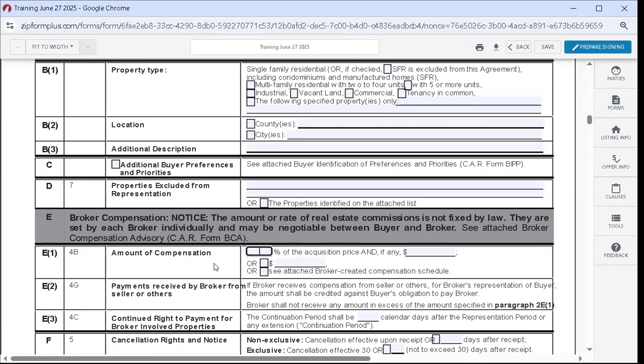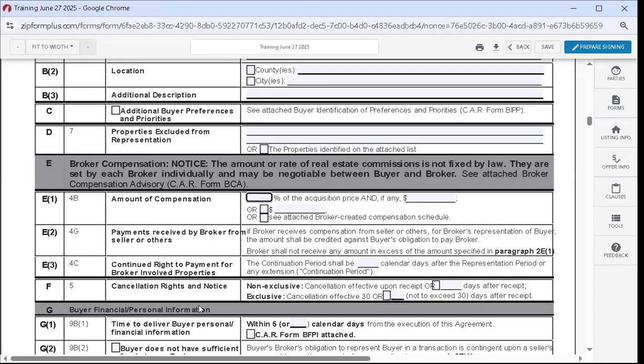So here, you would only put your compensation, not anything else, only the compensation that you're asking from the buyer that you will then ask the seller to pay later. Okay, so this is only yours, and that's the same with the listing agreements. If you're listing on the listing agreement, it's only the listing agent's compensation, nothing else.